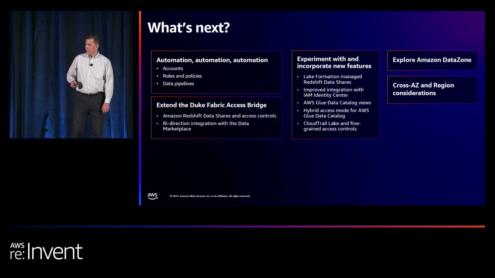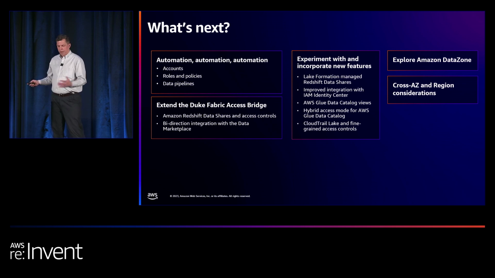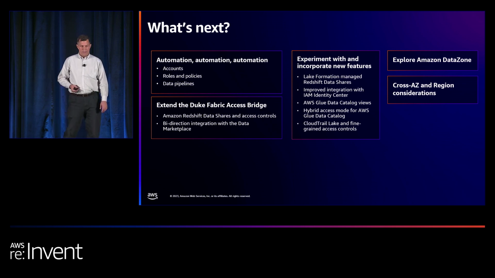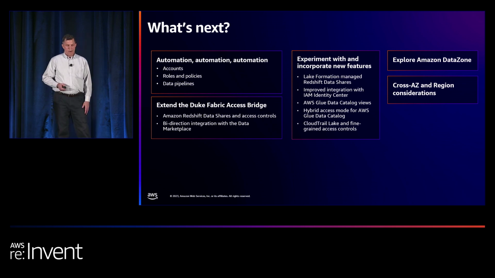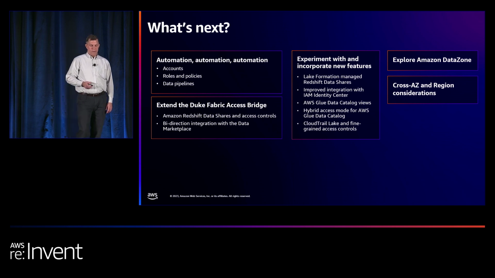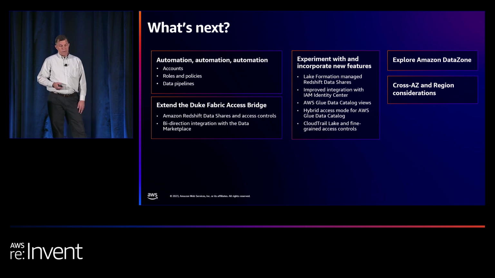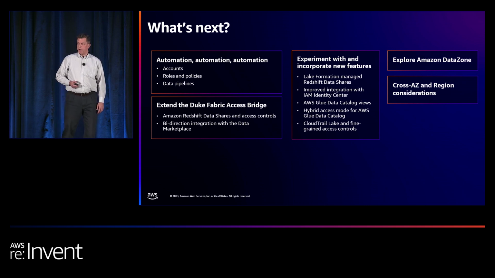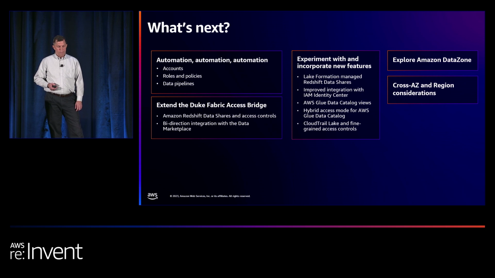So then we want to experiment with all these new great features that have been created for us in Lake Formation that you've heard about earlier. So Lake Formation managed Redshift data shares, integration with Identity Center, the Glue data catalog views, hybrid access mode, CloudTrail Lake.